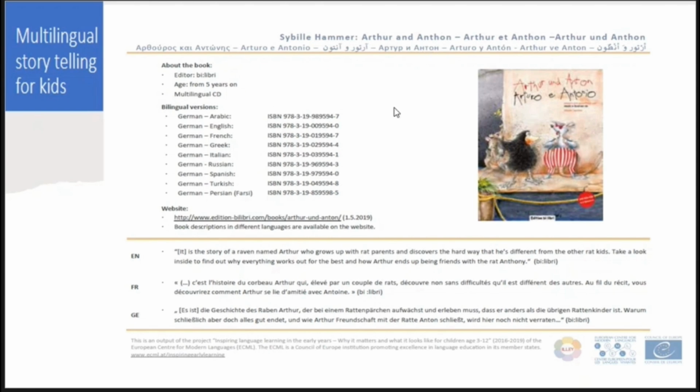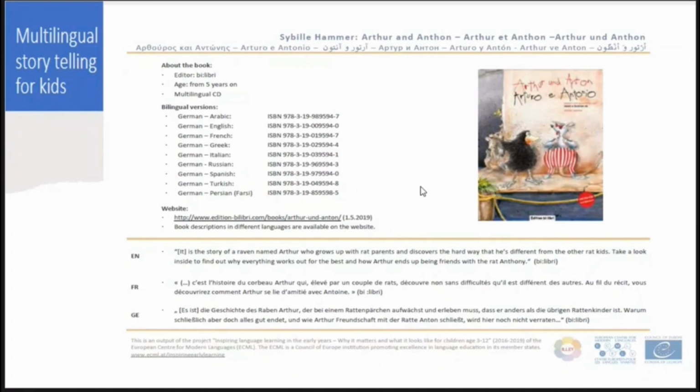And what you see here is that those little books, of course, it's a picture book for kids, and you see that you can buy those books in bilingual versions. So you can either have German Arabic or German Italian, German Spanish, etc. And you have comments. So the story is told in two languages.